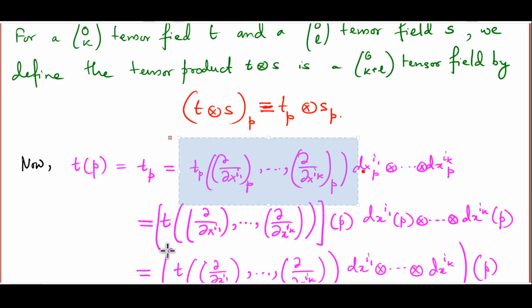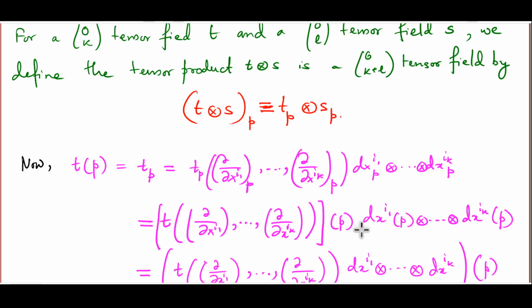This whole thing, of course, is a function whose value at the point p is given by this quantity. So what you have is this expression. This function at the point p, that's nothing but this coefficient here, multiplied by dx^i1|_p tensor product with dx^i2|_p, tensor product with dx^i3|_p, all the way up to dx^ik|_p.